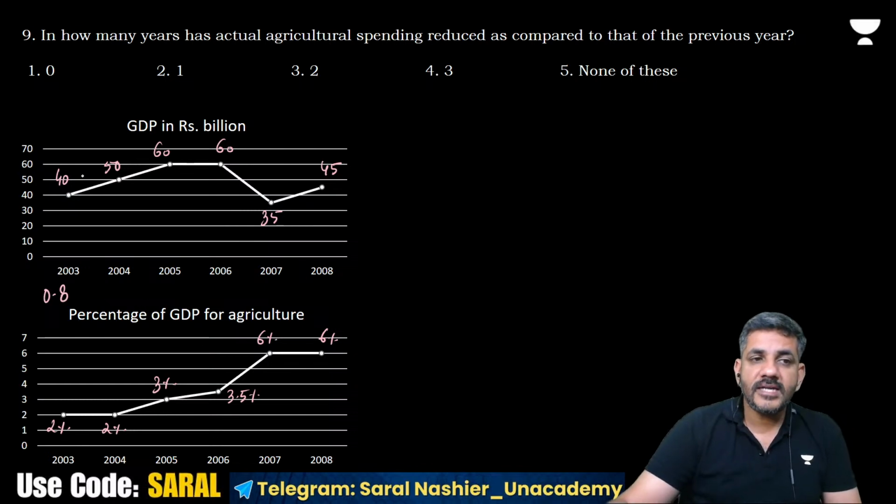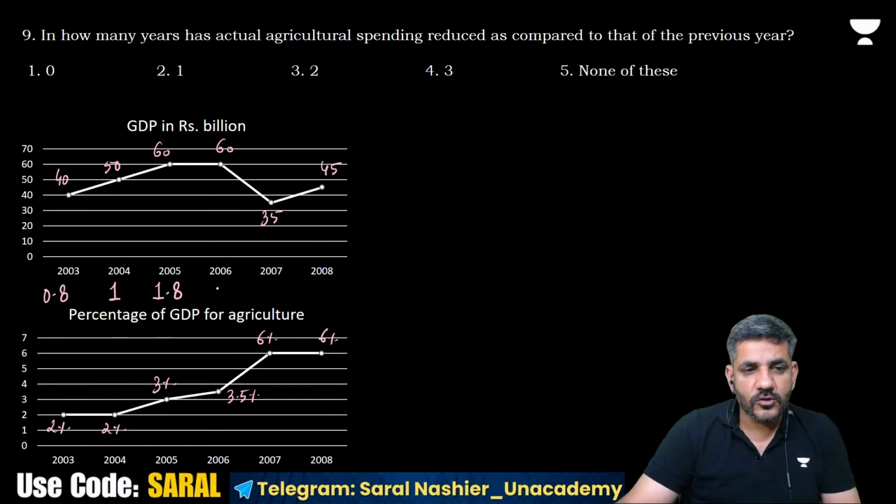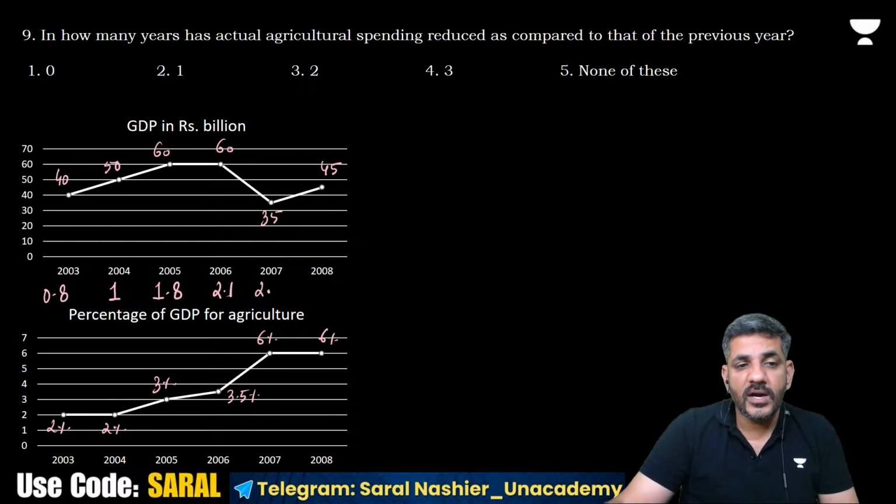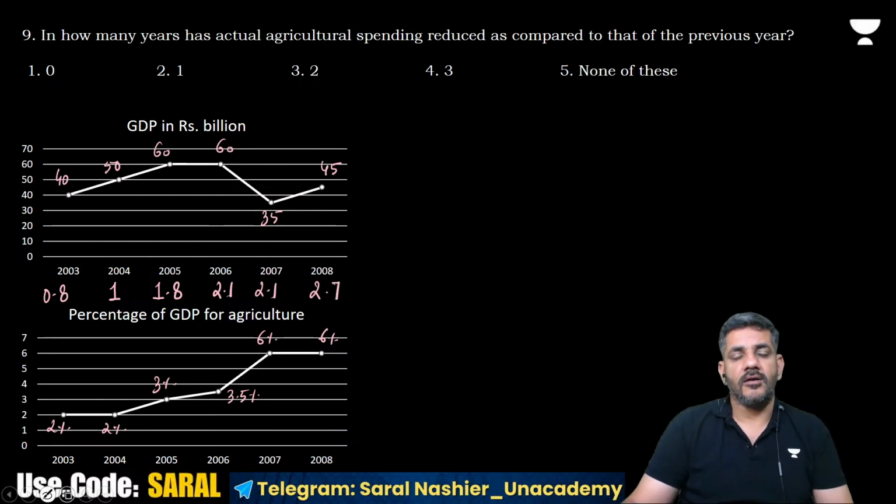Then 2% of 50 is 1 billion. Then 3% of 60 is 1.8 billion. Then 3.5% of 60 is 2.1 billion. Then 6% of 35 is again 2.1 billion. And finally, 6% of 45 is 2.7 billion.